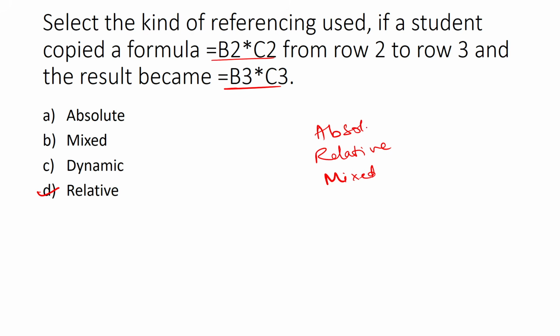Absolute is $A$1, where both the row and column contain the dollar, which means it is fixed. Relative is A1, which contains no dollar. Mixed contains a dollar on either the row or the column, like $A1 or A$1. Here no dollar is used, hence it is relative. Okay, next question.